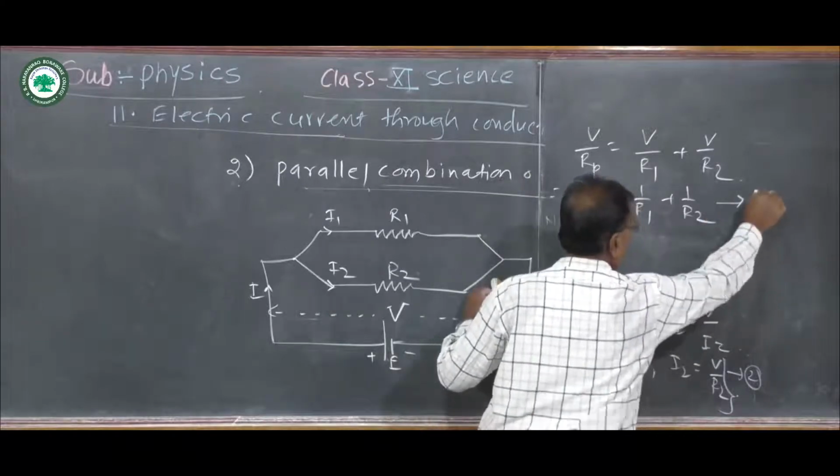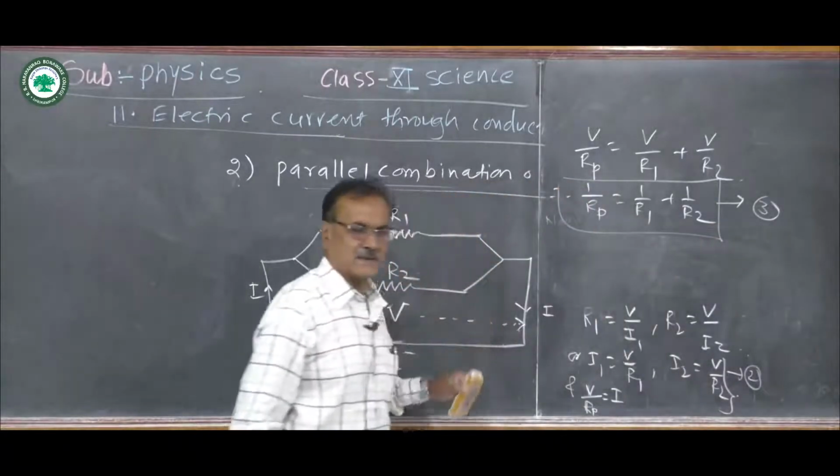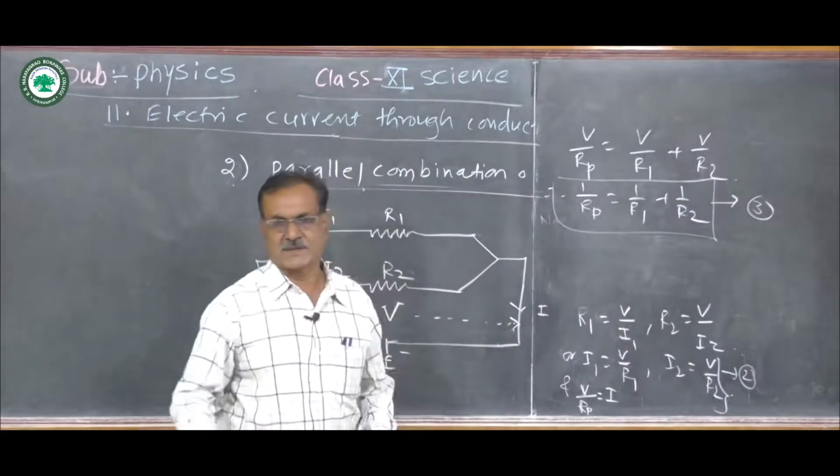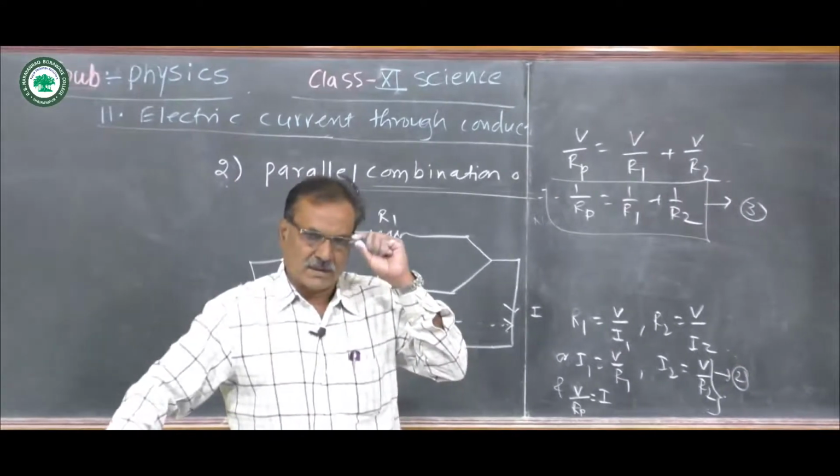Next, equation number 3. Now this is the equivalent resistance, that is, Rp is the equivalent resistance across R1 and R2.